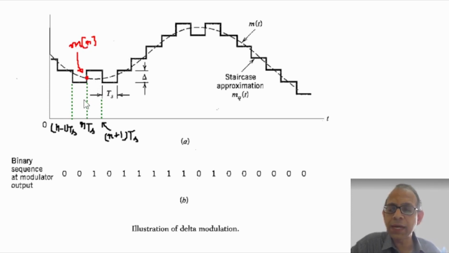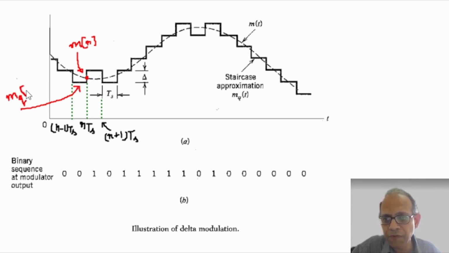And let us assume that the approximation or the prediction of the quantized value for sampling instant nTs is this level, mq[n-1]. So mq[n-1] is the approximation of the quantized value at the sampling instant n.